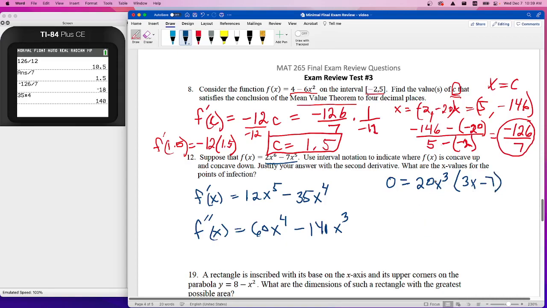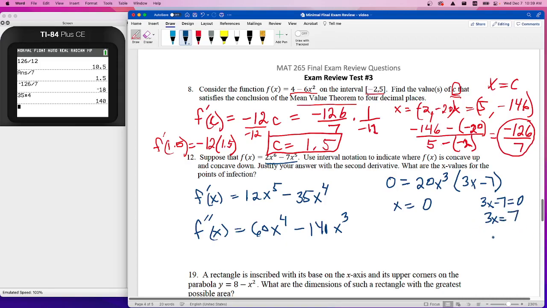So we get two solutions. 20x to the third equals 0, so that means that x equals 0 is one place where the second derivative is 0. The other place is when 3x minus 7 is equal to 0. Add 7 to both sides, you get 3x equals 7.